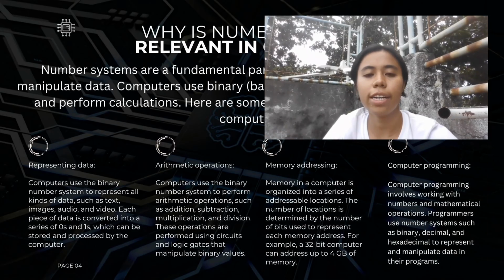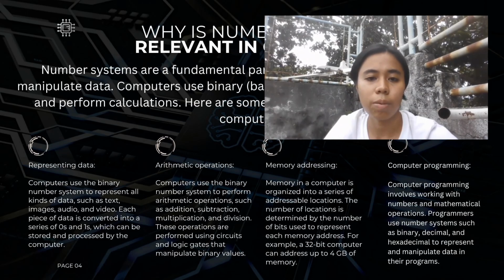So here are the specific uses of number system. Number 1, memory addressing. This means how a computer organizes and locates data in its memory. Each piece of data has its own address, like a house number, so the computer knows where to find or store it.